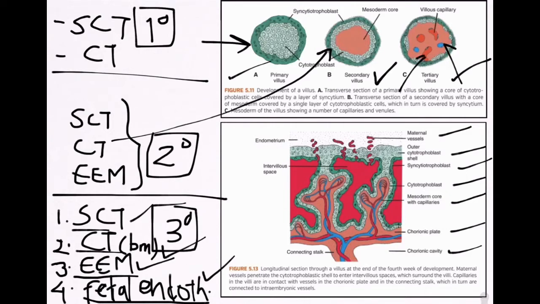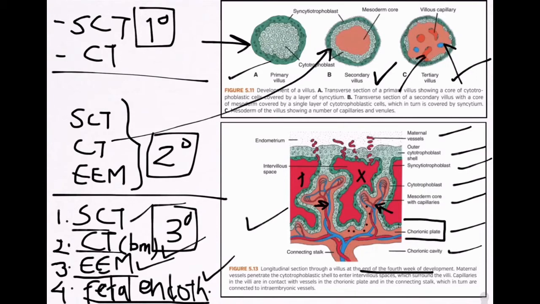And what you see over here is a picture at the end of the 4th week of development, where you can see that the maternal vessels are penetrating inside and pouring blood into the intervillus spaces, or the lacunae. And on the fetal side, the fetal capillary system is nicely developed, right? Can you see that?